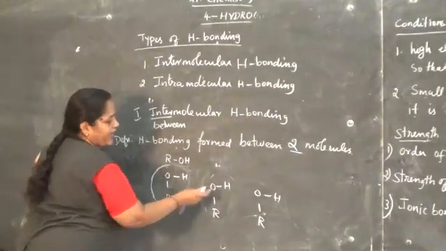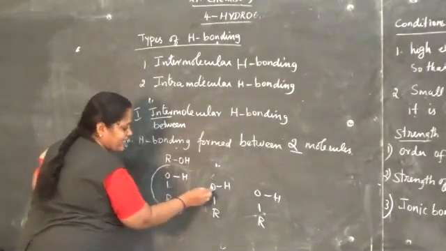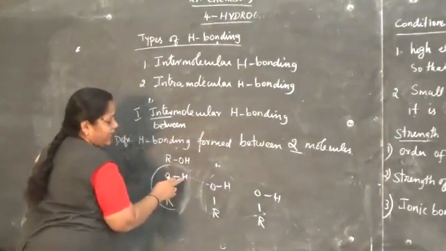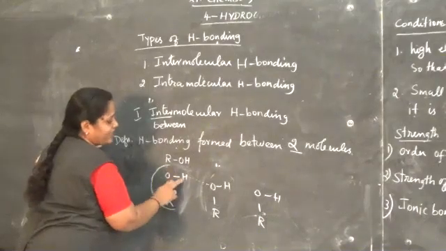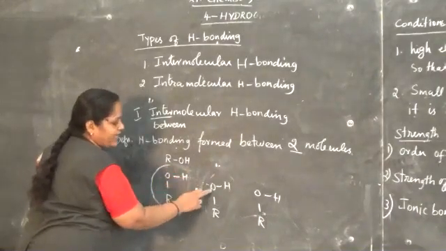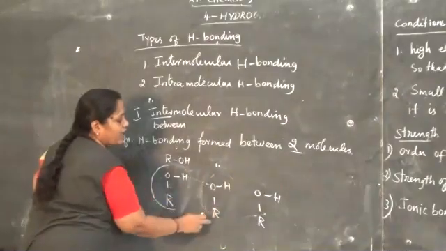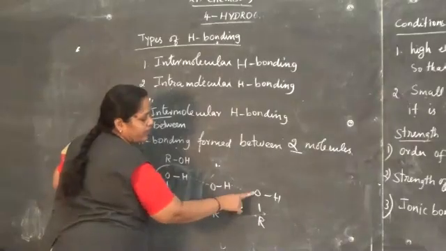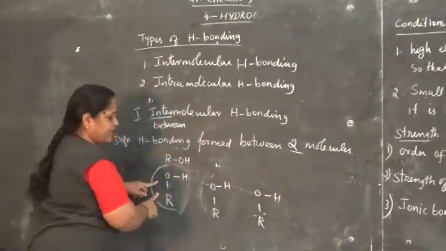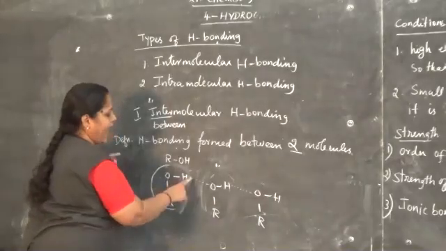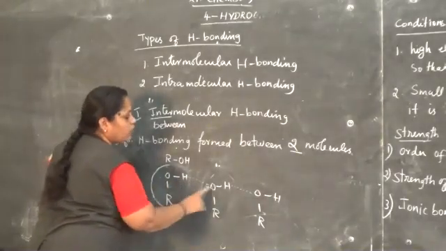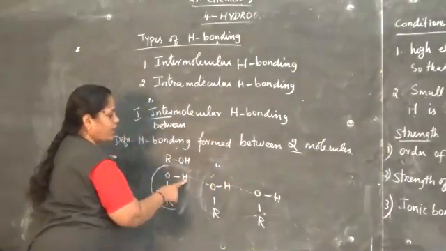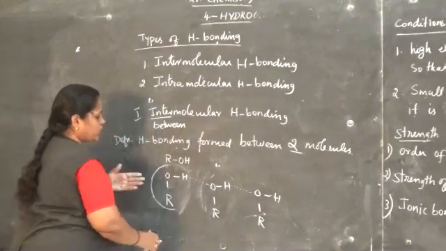That's why the oxygen of the second molecule forms a hydrogen bond with the hydrogen atom of the first molecule. The hydrogen of the second molecule forms a hydrogen bond with the oxygen atom of a third alcohol. Here the hydrogen bond is formed between two molecules or many molecules. So, same type of molecules form hydrogen bonds like that.